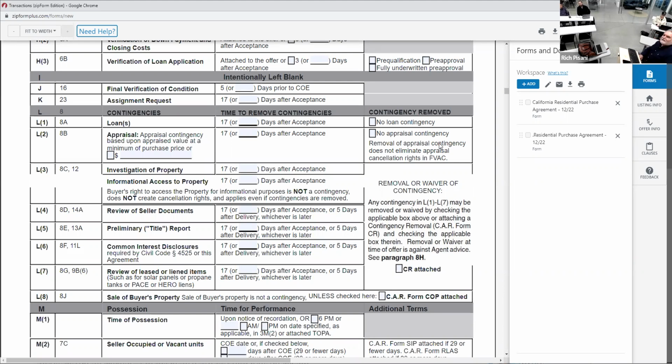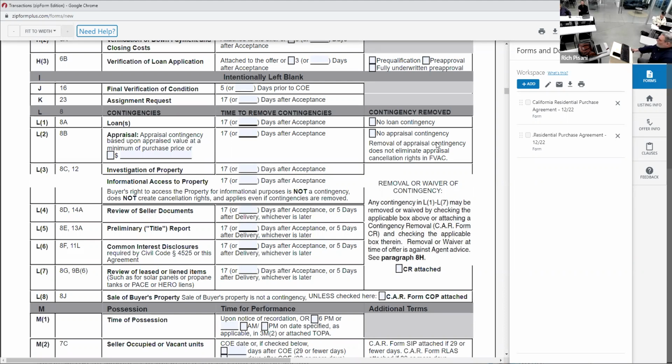But then there's this other thing here: appraisal contingency based on appraised value at minimum of purchase price, or there's a little checkbox and then there's a blank.